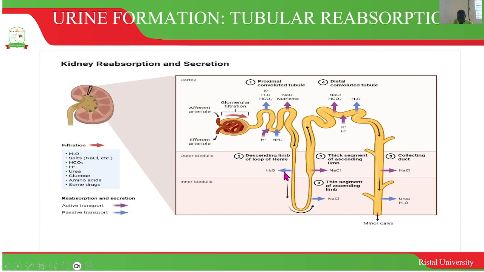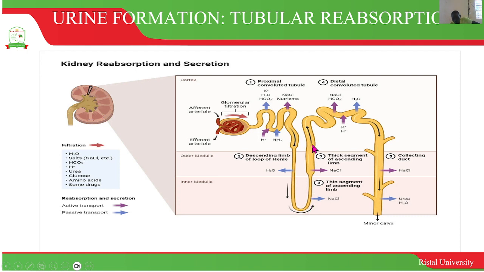Reaching here, more of the water is reabsorbed. This arrow is telling us it's reabsorbed into the body. What is inside this tube is going out, but what is going from this tube out is still being retained by the body. This is how you can make sense of the directions of movement and these arrows. So here it is continuing within the U tube, the loop of Henle, which is U shaped.